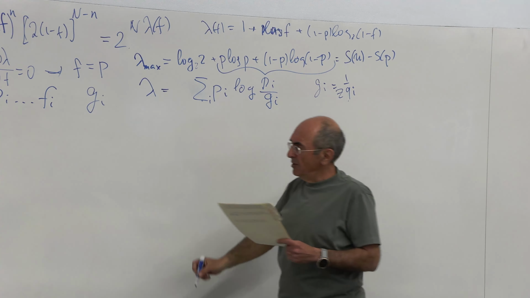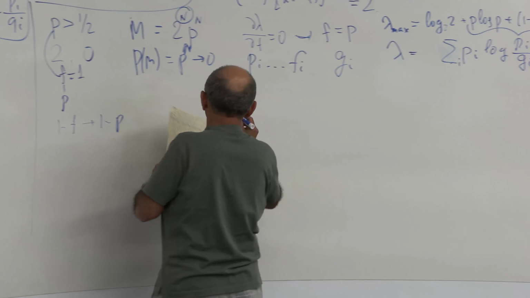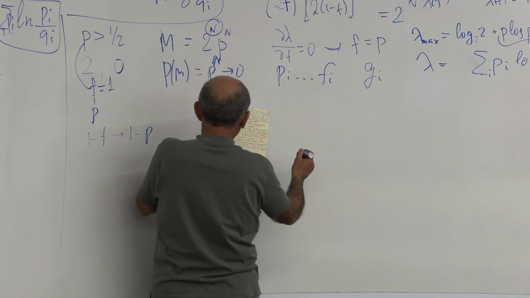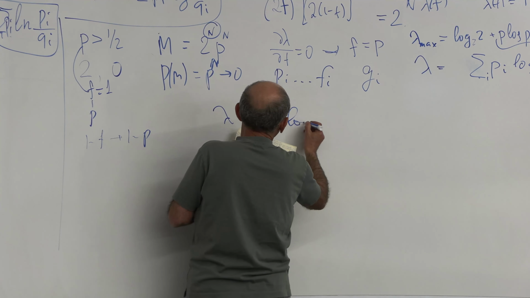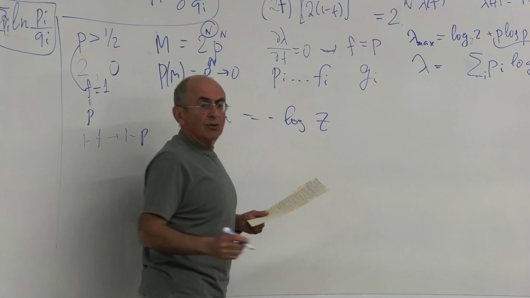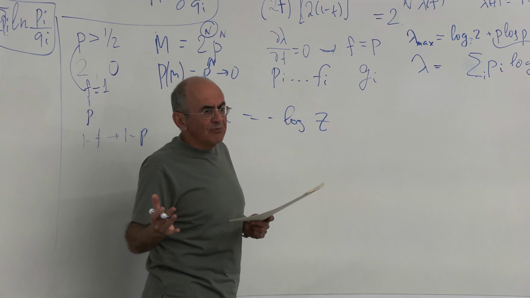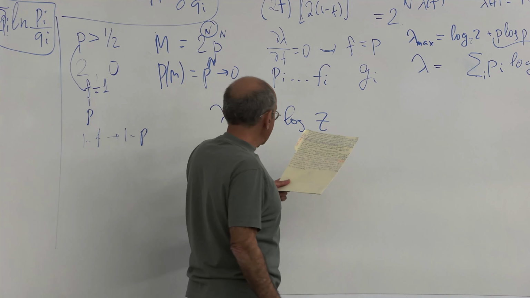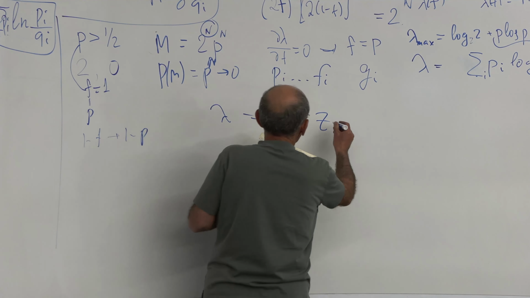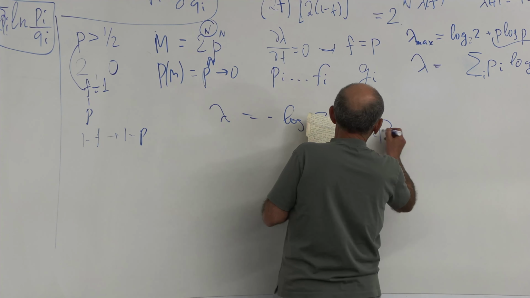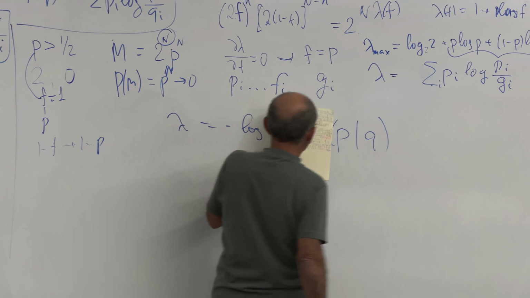This would be your lambda, which is minus log z. You always need to pay operational costs. You always need to feed the horses, etc. And plus D of p and q.